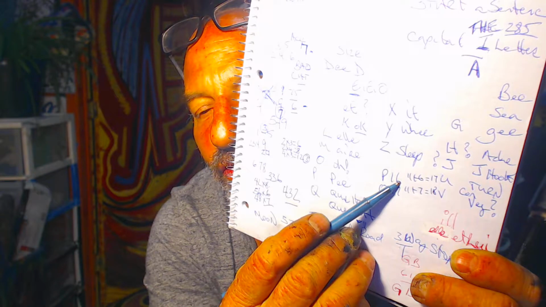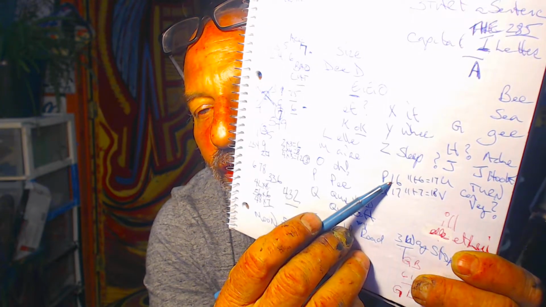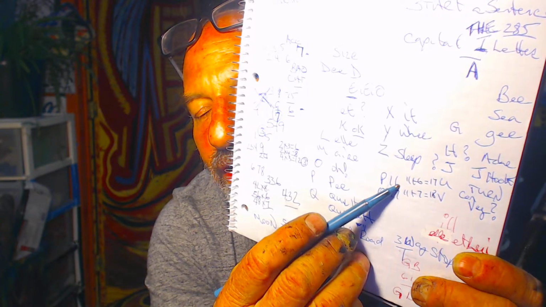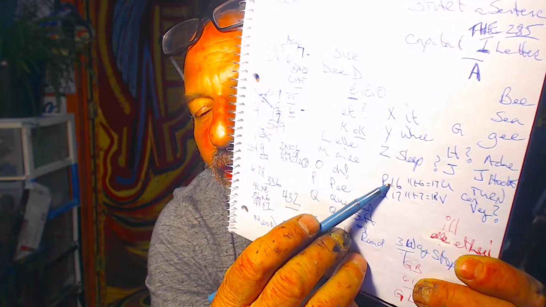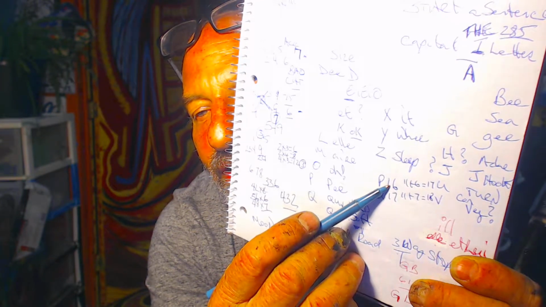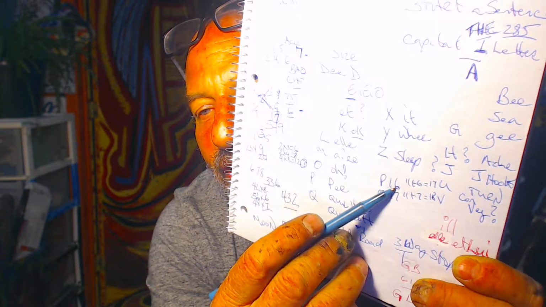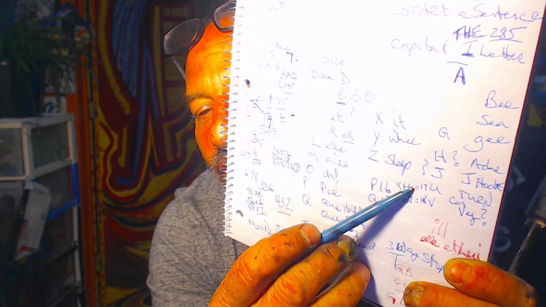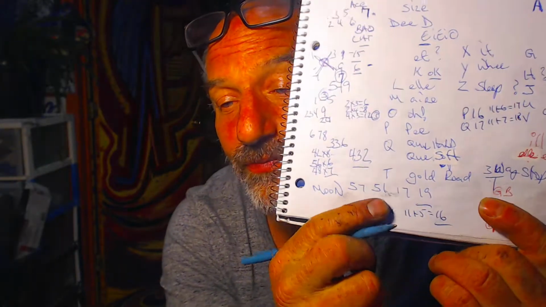Or what if the 1 was over here? And would we use the card number here? Let's say the 6 was here and the 1 was here. Would we use the 1 in the ace position? But now it's in the second position, showing me 11. So if we have P as the 16th letter, do we have 11 as the A plus 6? Or do we have a total of 16 as 11 plus 5? 16 equals 11 plus 5, equaling the 16th letter. That's a questionable thing. Do you follow what I'm saying?